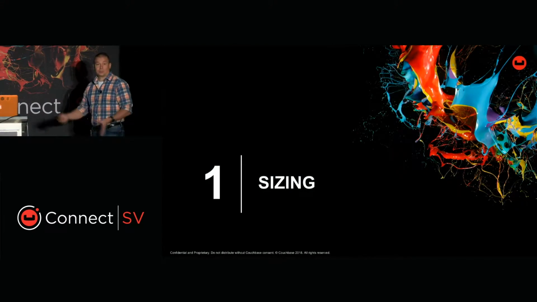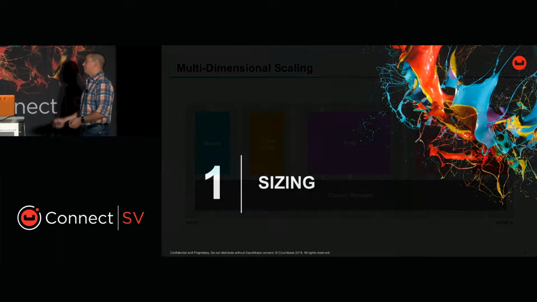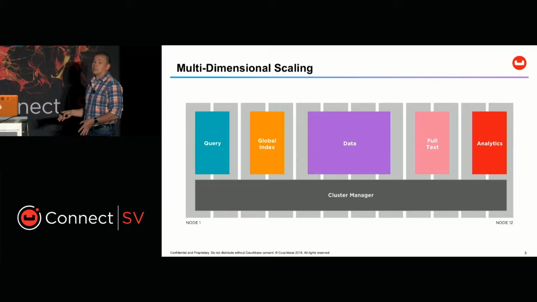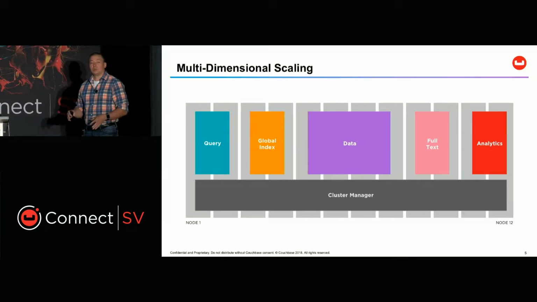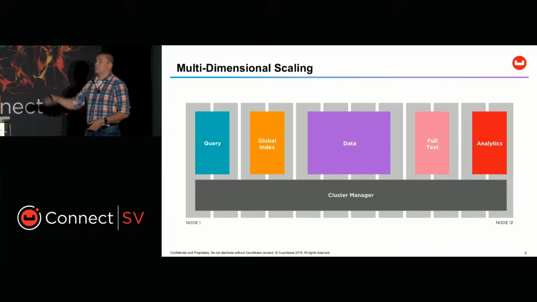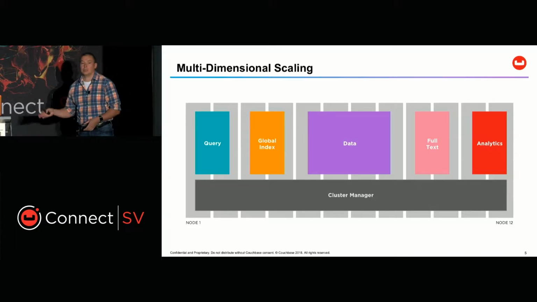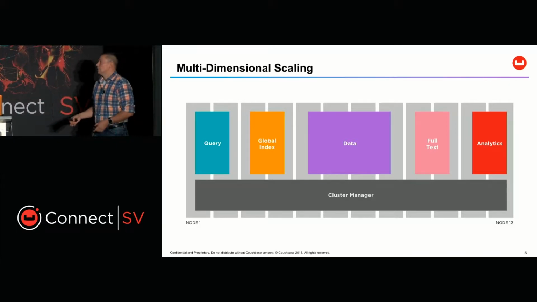All right, so let's jump to the first thing, the sizing. If you want to size the cluster, there's probably a different level of familiarity with Couchbase here in the audience, so I just wanted to bring up this slide. We do talk often about multi-dimensional scaling, or MDS for short.